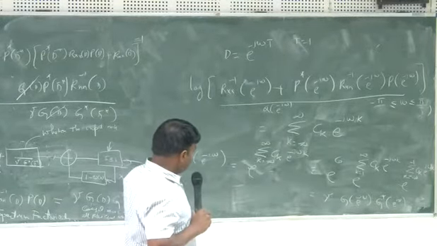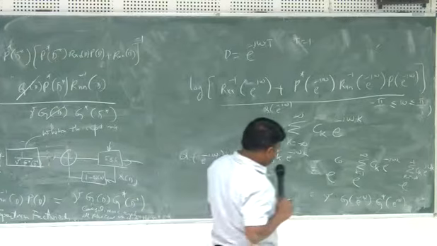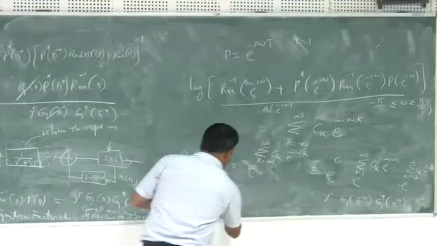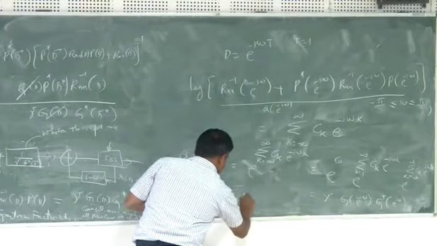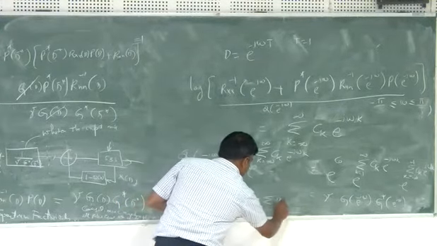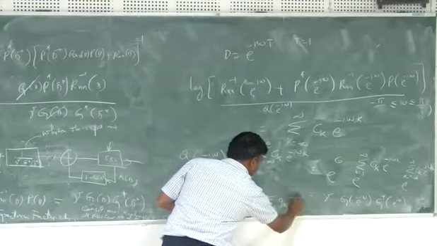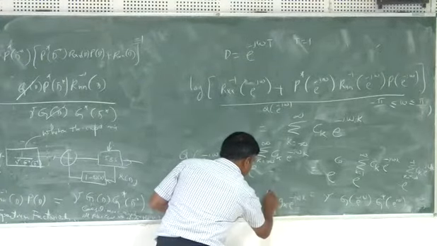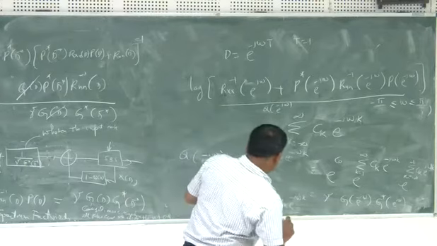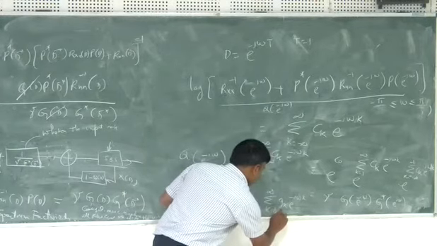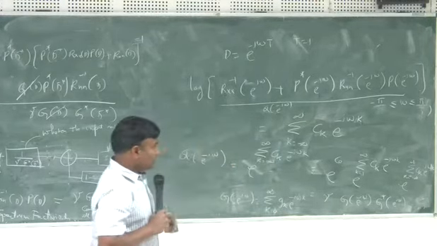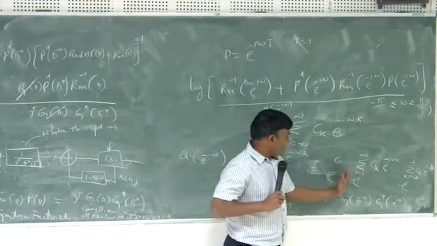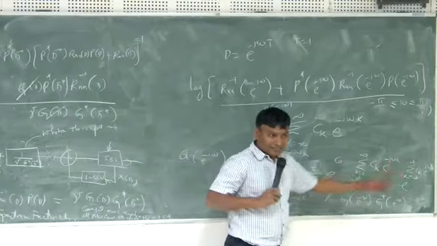Okay. If you keenly observe, g of e to the power of minus j omega can be written as summation g_k e to the power of minus j omega k, k equal to 0 to infinity. Why is that? Well, e raised to something involves 1 plus, right?